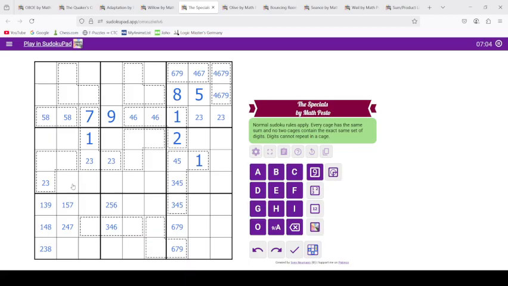With 4, 7, 5, 6, or 4, 6. Either way, it contains a 4 or a 5, making a 1, 2, 3, 4, 5 triple, a quintuple, along these 6 cells. So these 3 have to be 6, 7, 8, 9.